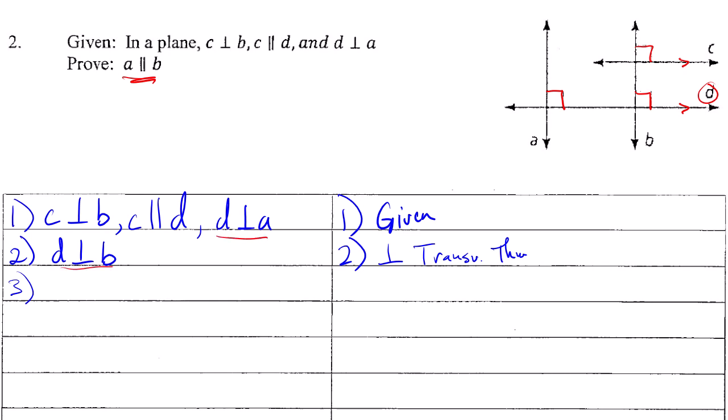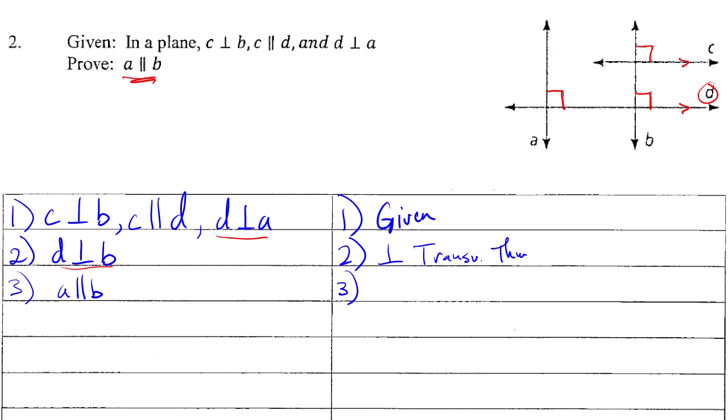If two lines are perpendicular to the same line, they must be parallel, right? All right, in a plane, of course. And so we have enough information to say, okay, well, A is parallel to B, right?